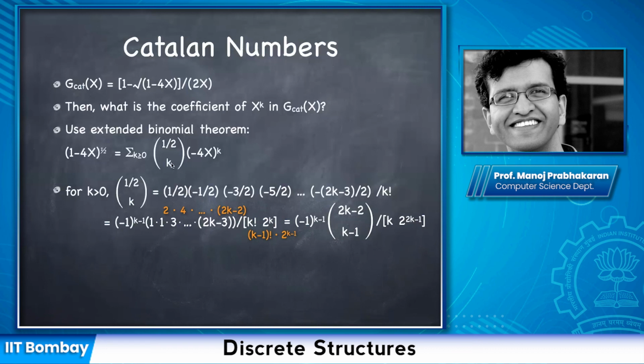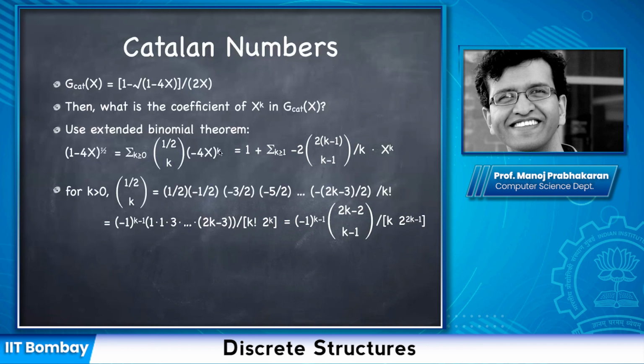Now putting that back in here, this is for k greater than 0. For k equal to 0, we have the 1. And for k greater than 0, we have this quantity from here times minus 4 to the power k times x to the power k.